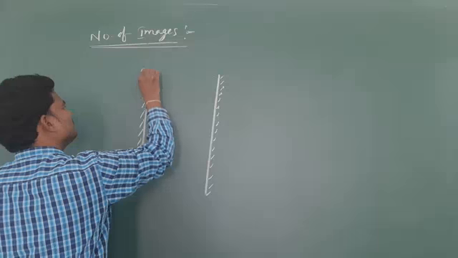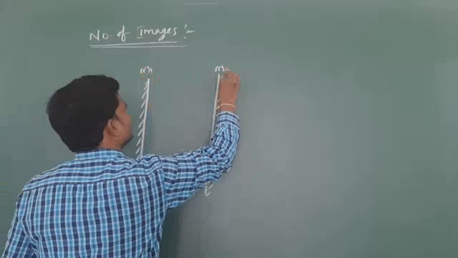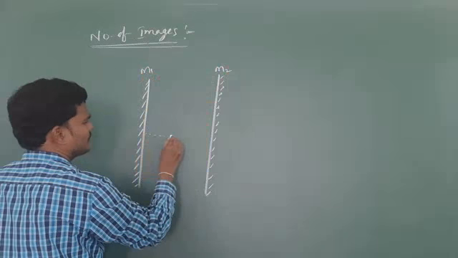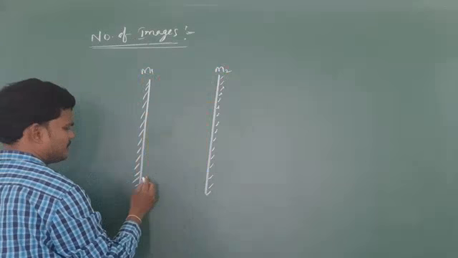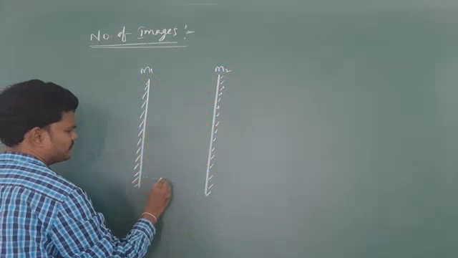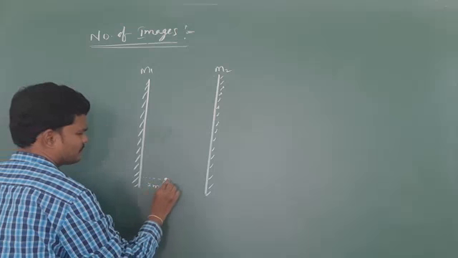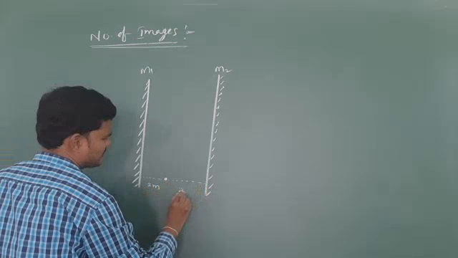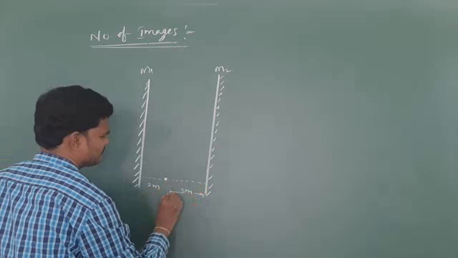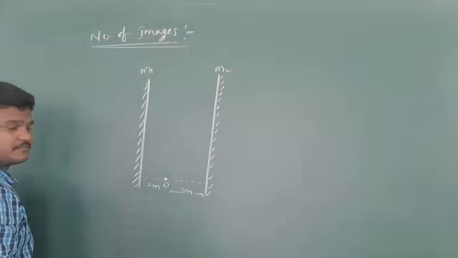Let us suppose this is the M1 plane mirror and M2 plane mirror. Let me place an object here, something 2 meter. This is 3 meter. O is the object.